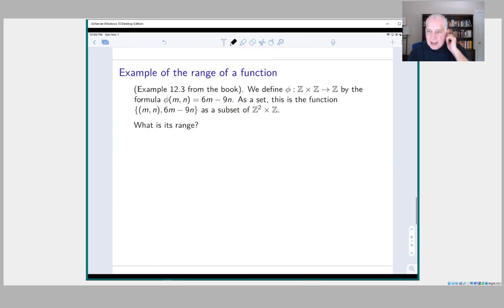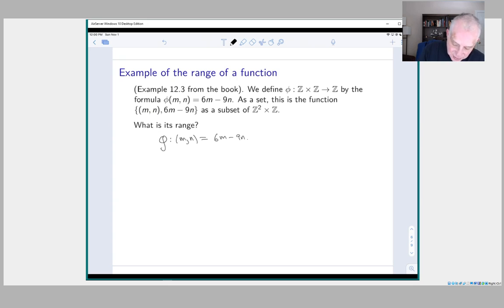So here's one example of a computation of a range taken from the book. It's example 12.3. So we look at a function phi, which takes a pair of integers m and n, and gives us the value 6m minus 9n.